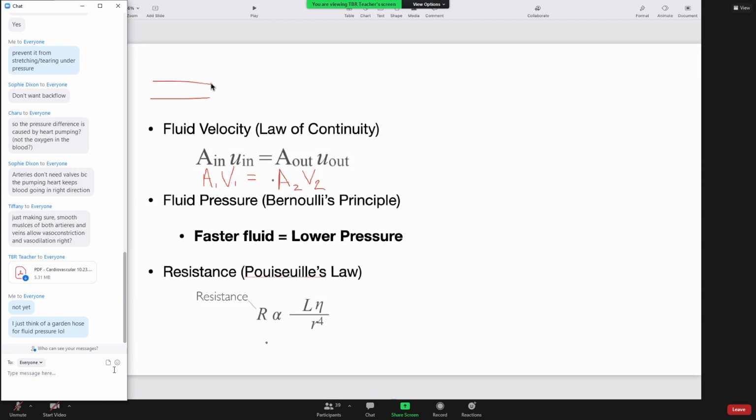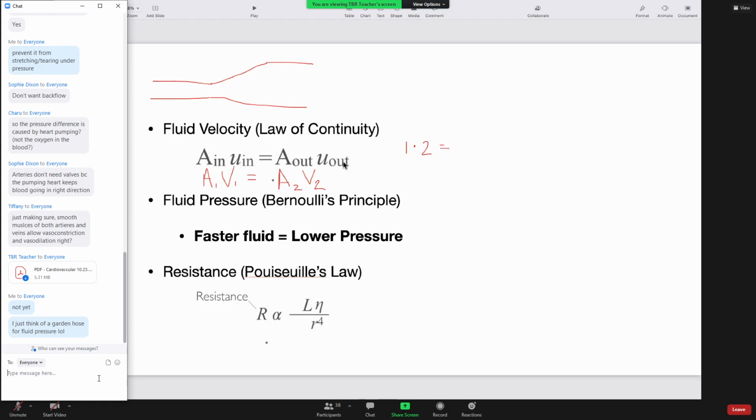So let's say we have a small tube that goes into a bigger tube. How does the difference in the cross-sectional area change the flow of that blood? You can think of a garden hose. We'll get into this in a second. Let's say the cross-sectional area in tube 1 is 1 centimeter squared, and the velocity in tube 1 is, let's say, 2 centimeters per second. Let's make the math easy.